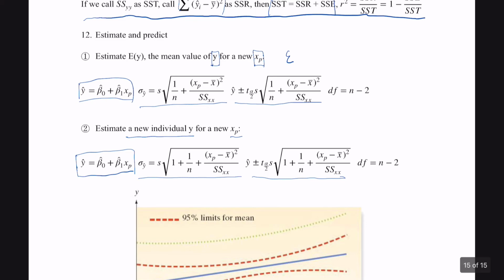You can only estimate that point based on the line you calculate. So the point estimator is the same. What is different is the sigma. Always pay attention to the degrees of freedom here.